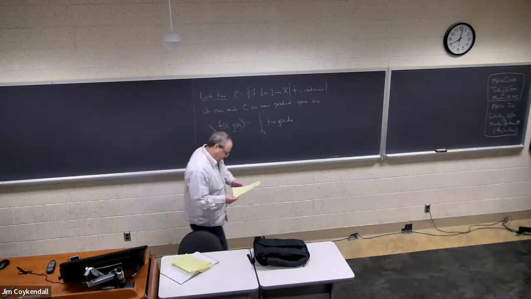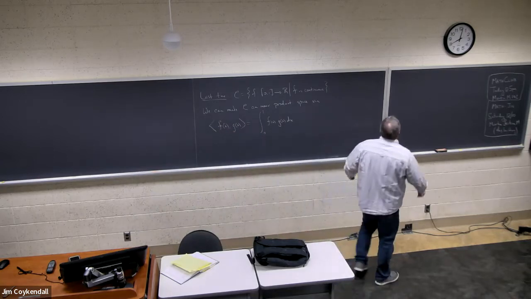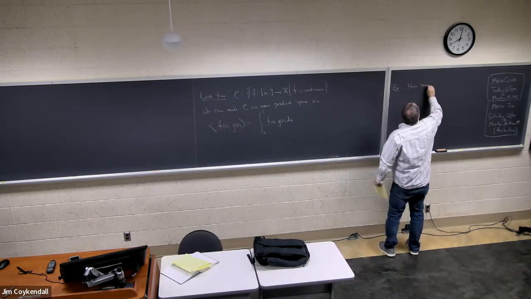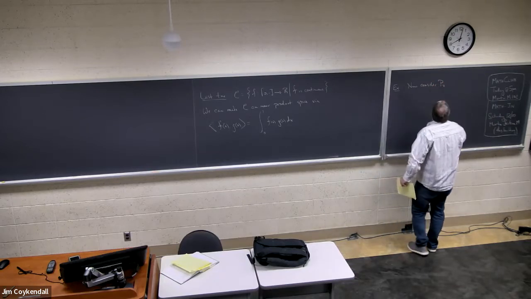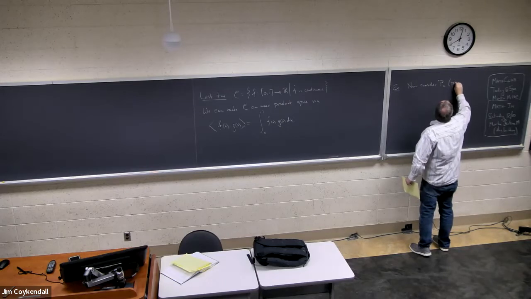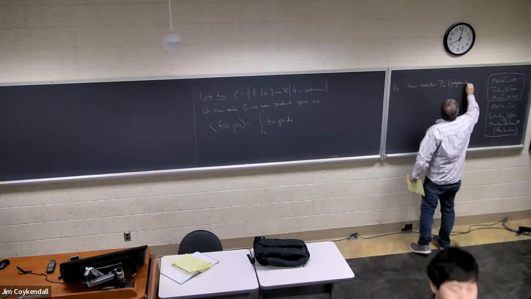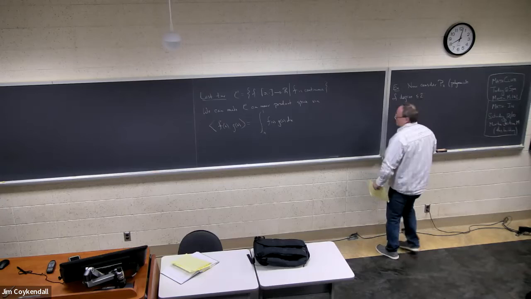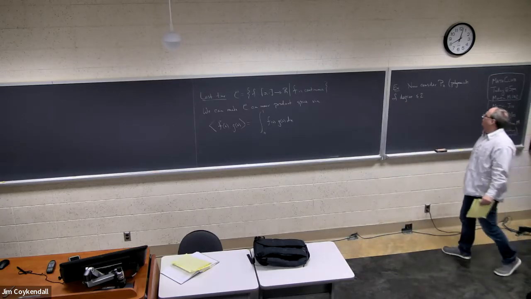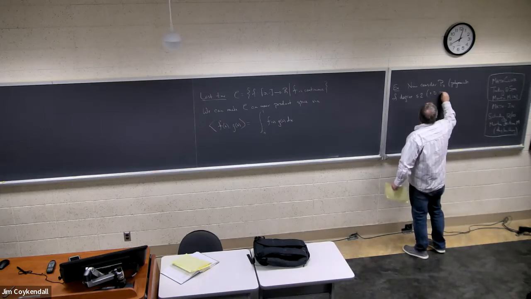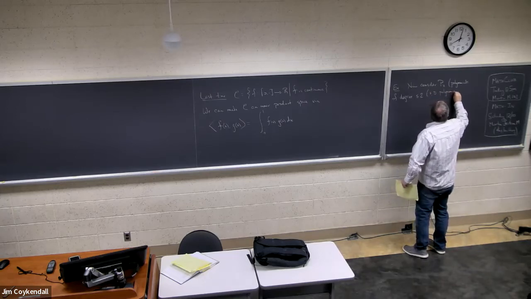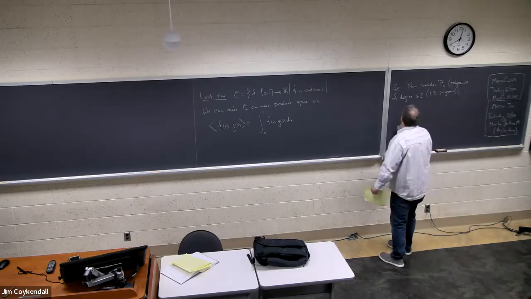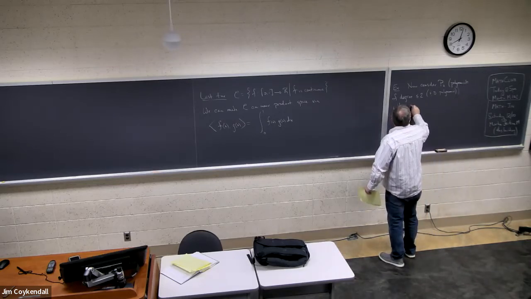Let me give you an example. Consider P2, the polynomials of degree less than or equal to 2, including the 0 polynomial.